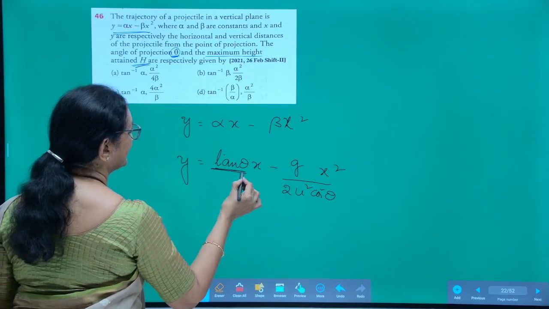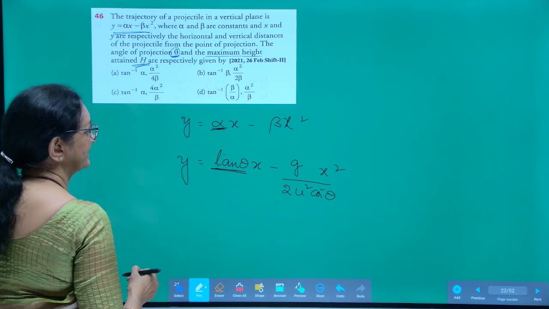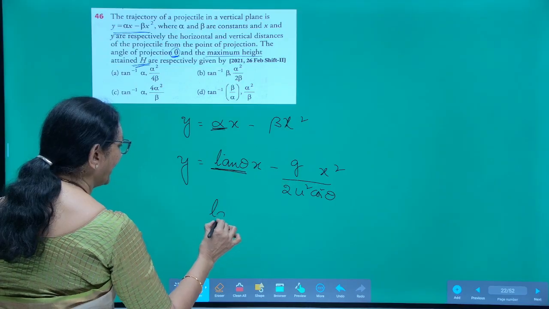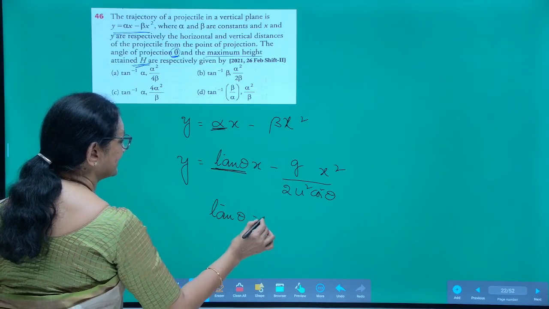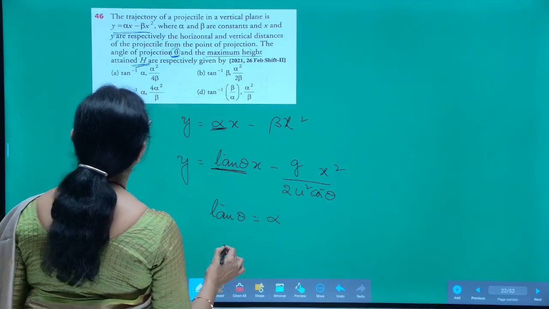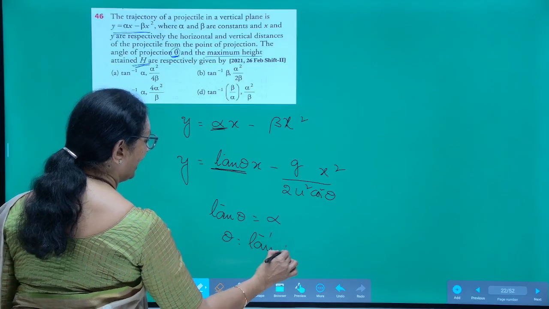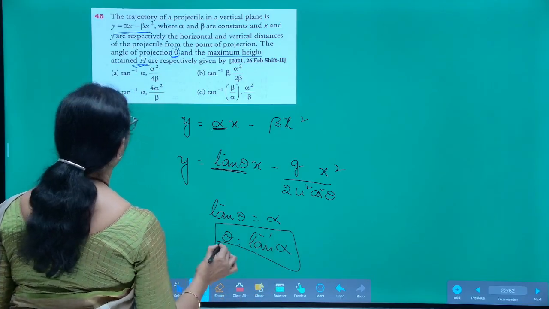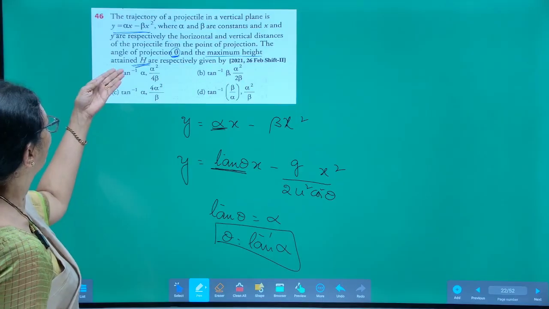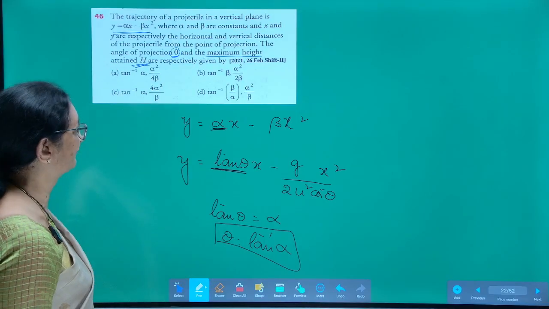Here, in place of tan theta, alpha is given. So, on comparison, tan theta is equal to alpha or theta is equal to tan inverse alpha. So, tan inverse alpha is the angle of projection.